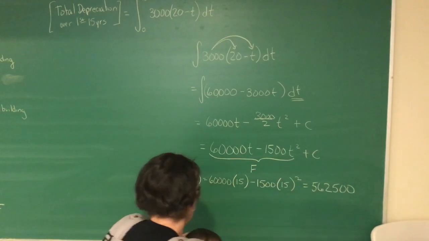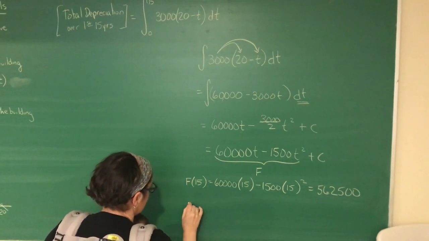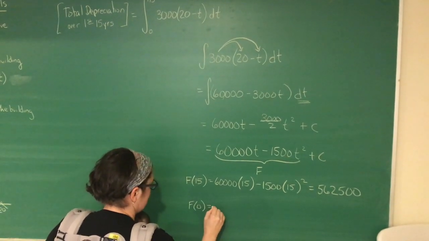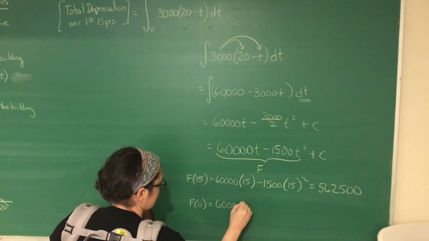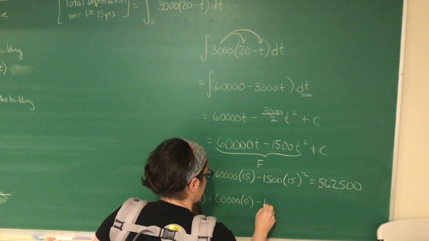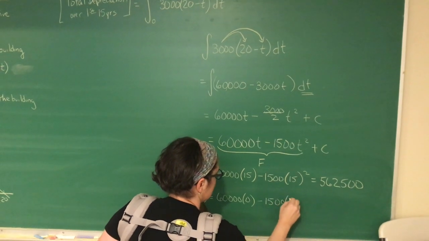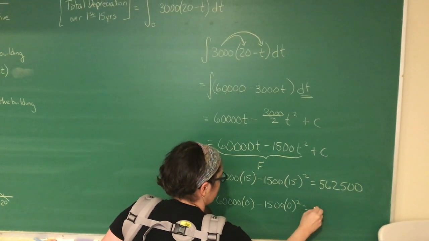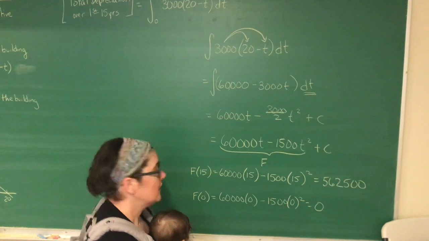And the next bound I want to plug in is the bottom bound, so I plug in 0 into my antiderivative. And so I have 60,000 times 0 minus 1,500 times 0 squared. Well, that's all 0.